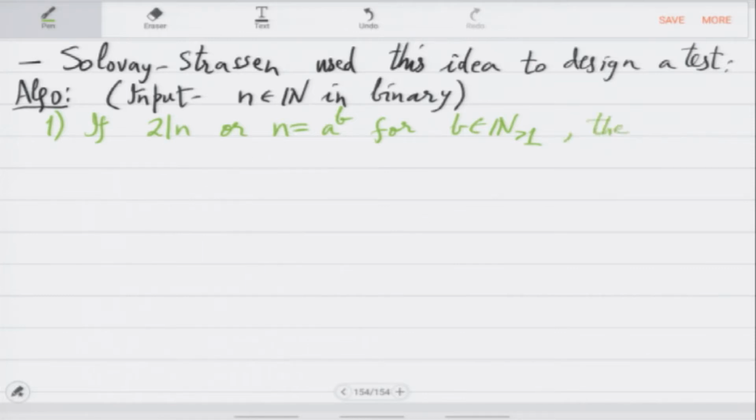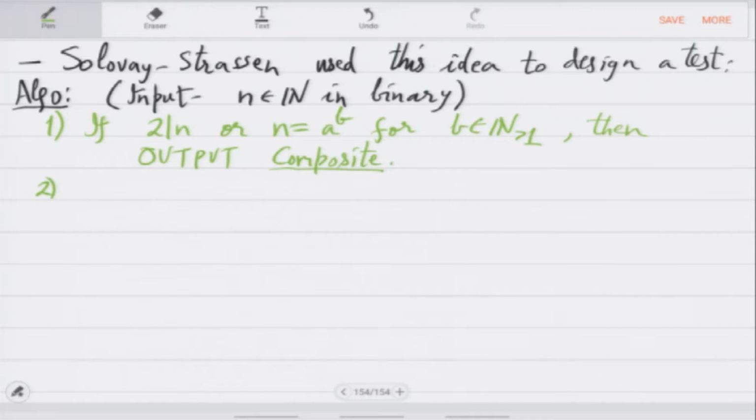If yes, then clearly n is composite. Output composite.